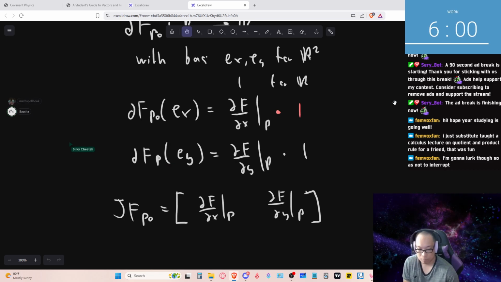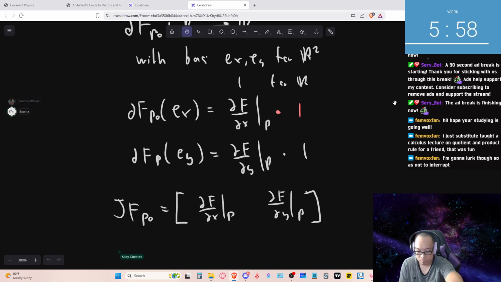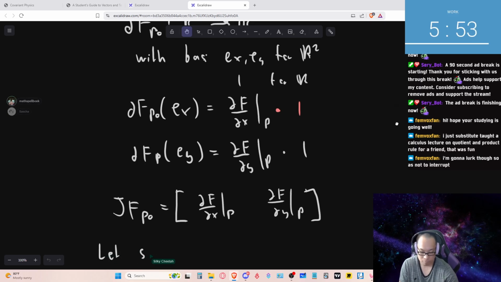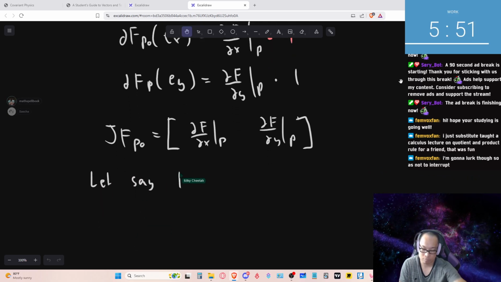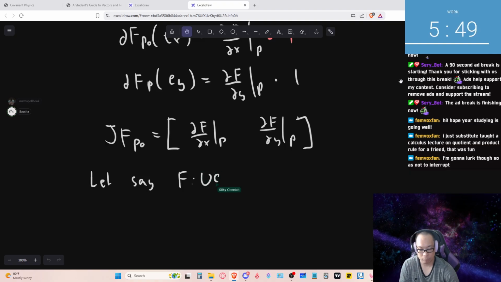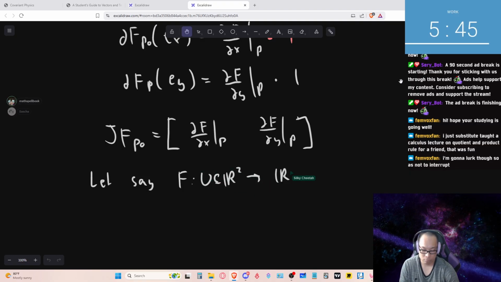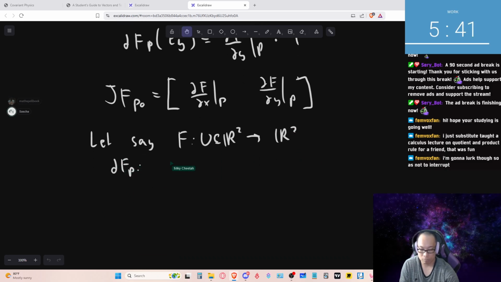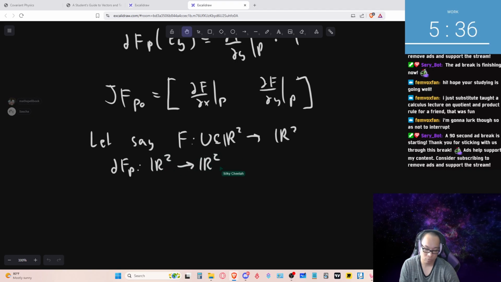Maybe we can do a more interesting example. Let's say F is a map from some open set of R2 to R2, and it's differentiable as usual. So the differential will now be a linear map from R2 to R2, right?